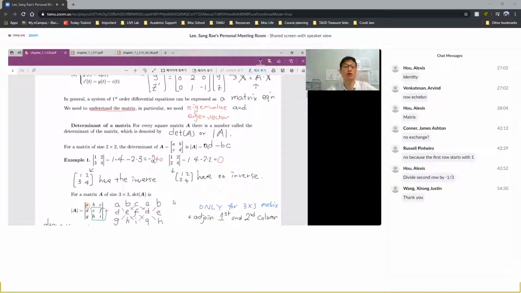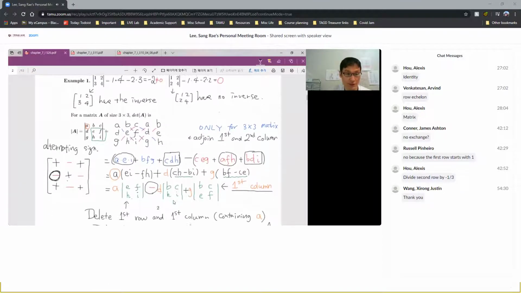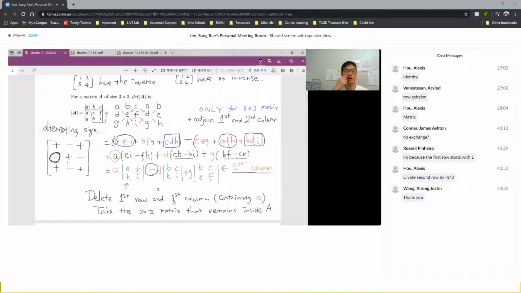To find eigenvalues, we need to know how to find the determinant of a matrix. For a 3x3 matrix with entries A, B, C, D, E, F, G, H, I, we can find the determinant. What you can do is to paste matrix A and then adjoin 2 more columns, first column, second column, like this.